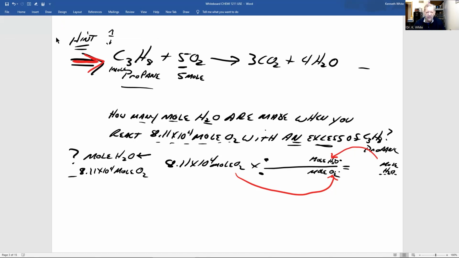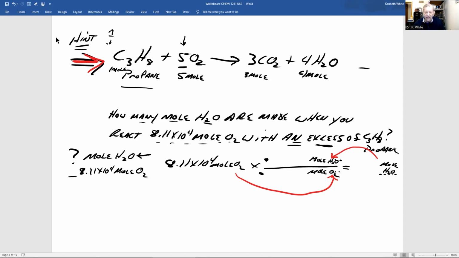Remember, the coefficient, the number in front, gives you moles of that product or reactant. And this makes 3 moles of CO2, carbon dioxide, but we're not dealing with that. But we make 4 moles of water.